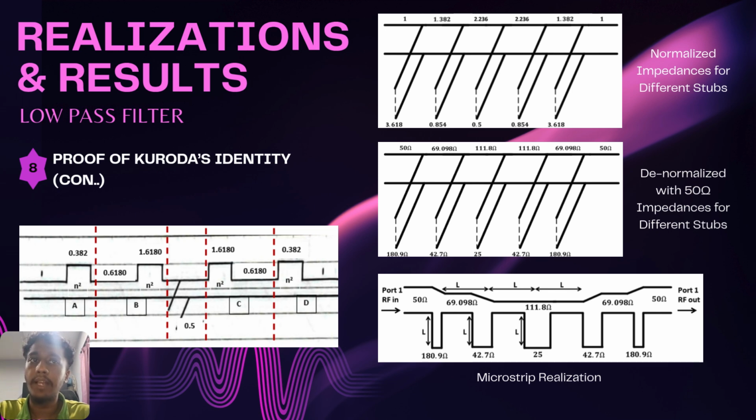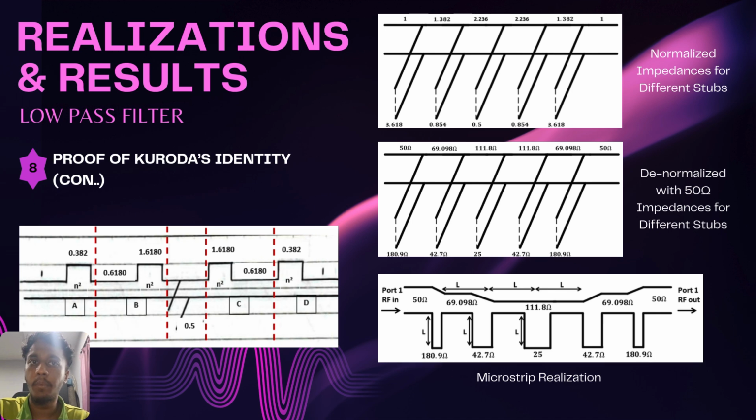Next, the last one, is where we have to do the microstrip realization. We get 180.9 ohm at A and D, and for B and C we get 42.7, and the middle one 25 ohm. So at the microstrip, the input value will be 50 ohm and the output value will be 50 ohm too.